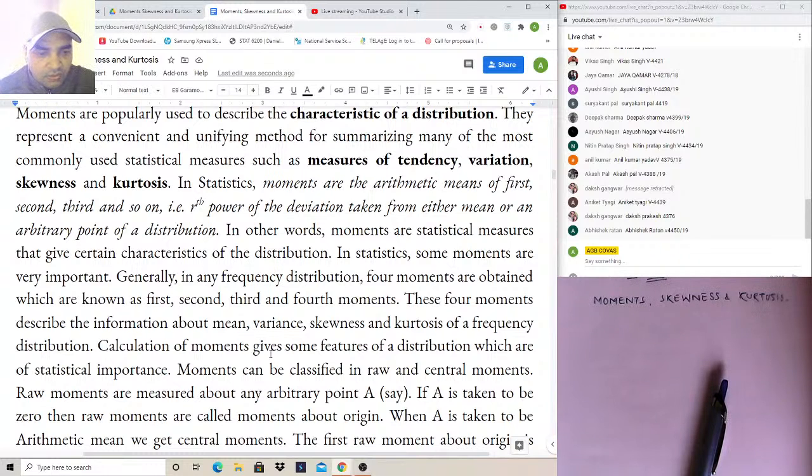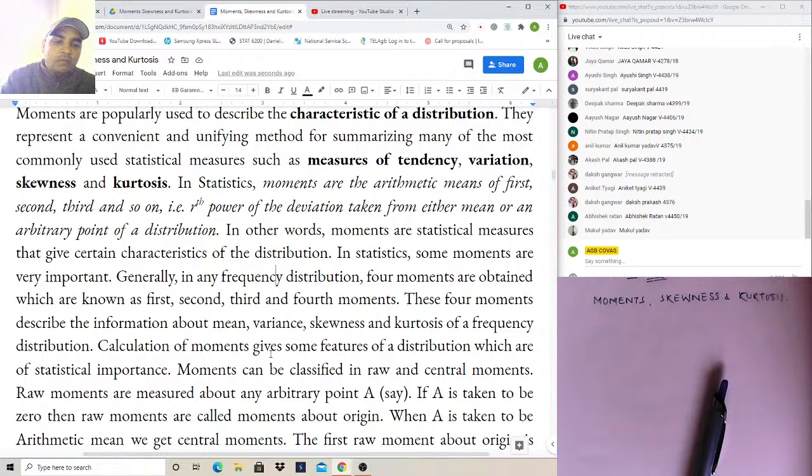In any frequency distribution, four moments are generally obtained, known as the first, second, third, and fourth moment. These four moments describe the information about mean, variance, skewness, and kurtosis respectively.